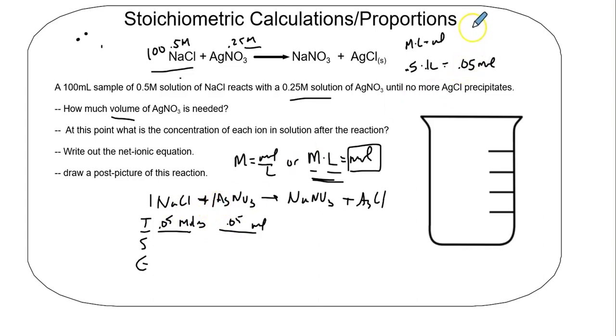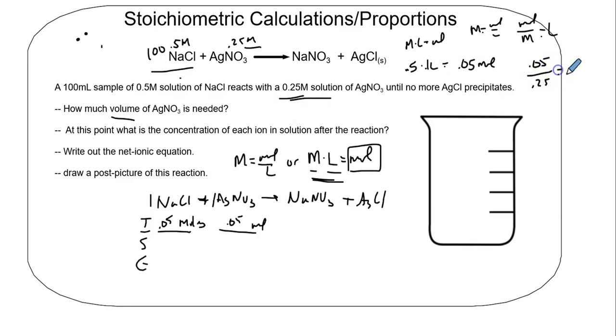So let's do it again here. Molarity is moles per liter, and I want liters. So moles divided by molarity equals liters. Now I have my moles of 0.05, and my molarity is 0.25.